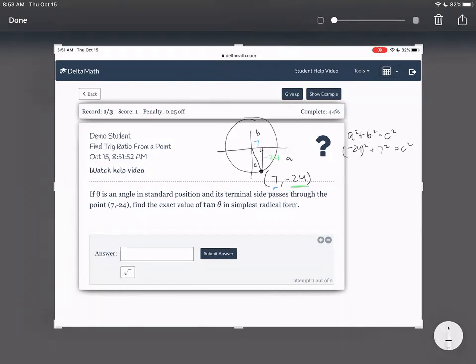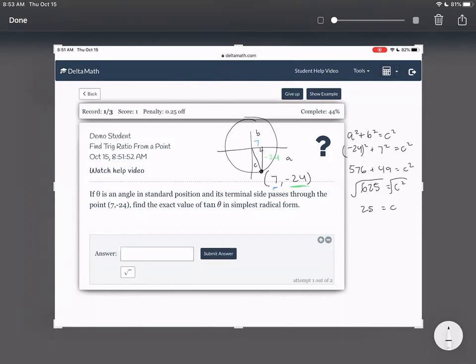I'm going to use my calculator for this because I don't want to mess it up. So we get 576 plus 49 equals C squared. Add it together, you get 625 is equal to C squared. Then you square root, and you get 25 is equal to C.